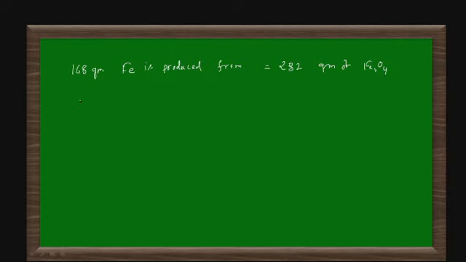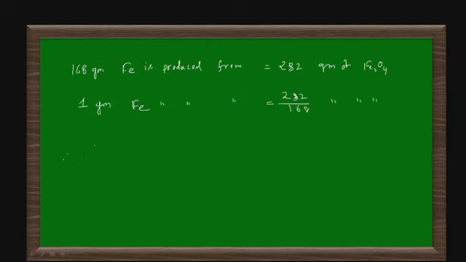That is, 1 gram iron is produced from 232 divided by 168 gram of Fe3O4. Just use the unitary method.